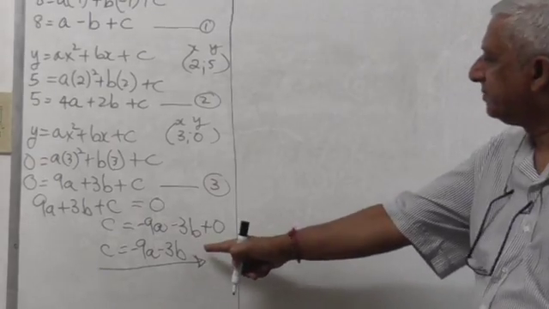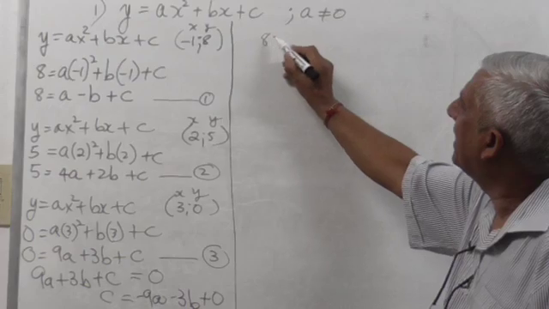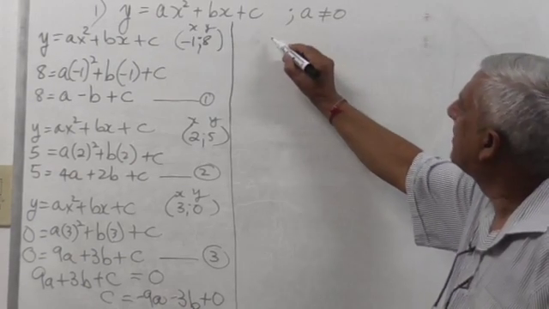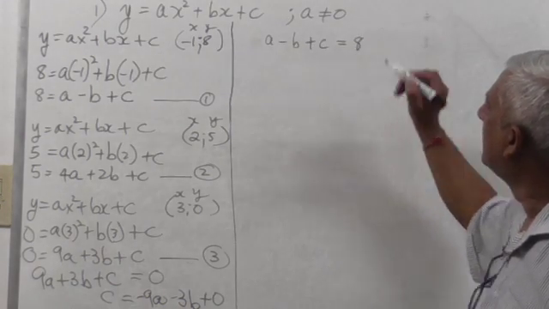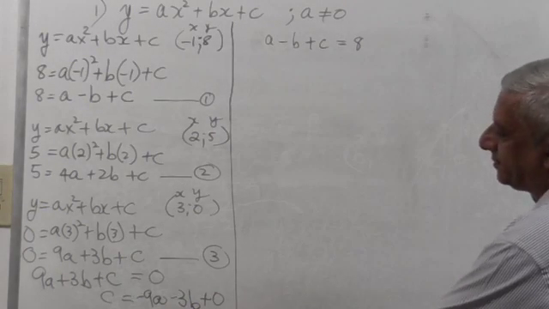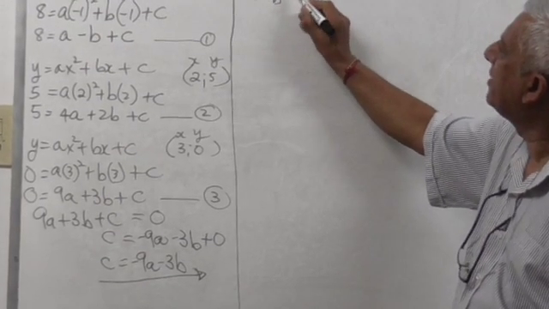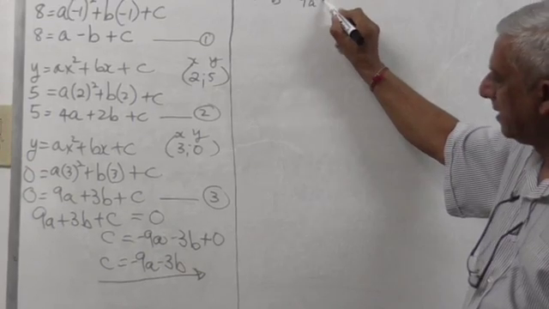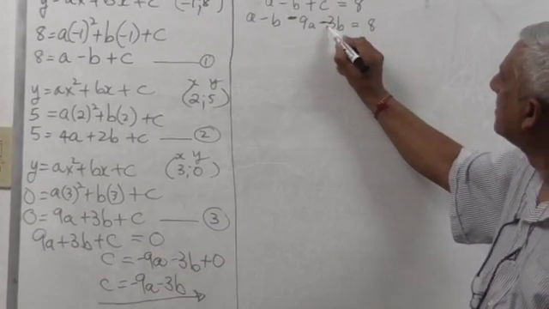So you have the first equation. Now what I'm going to do is write it like this. It's better for me to write a minus b plus c is equal to 8. But I know what c is. c is minus 9a minus 3b, so a minus b minus 9a minus 3b is equal to 8.